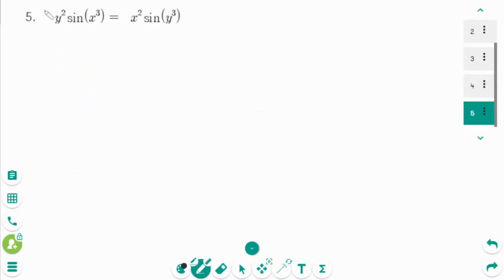Question 5. d/dx of the left-hand side equals d/dx of the right-hand side.